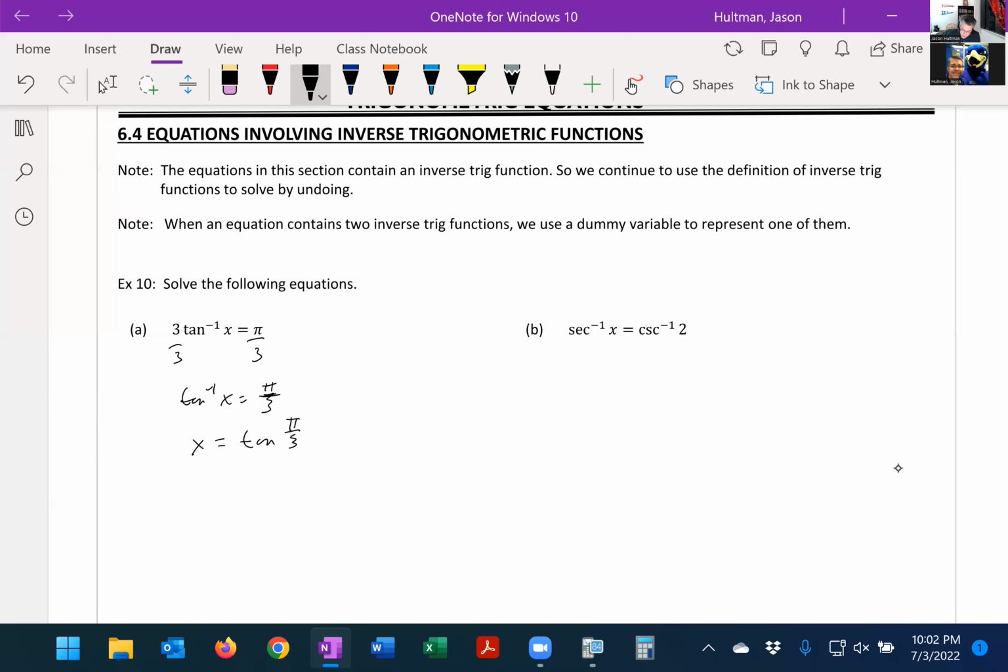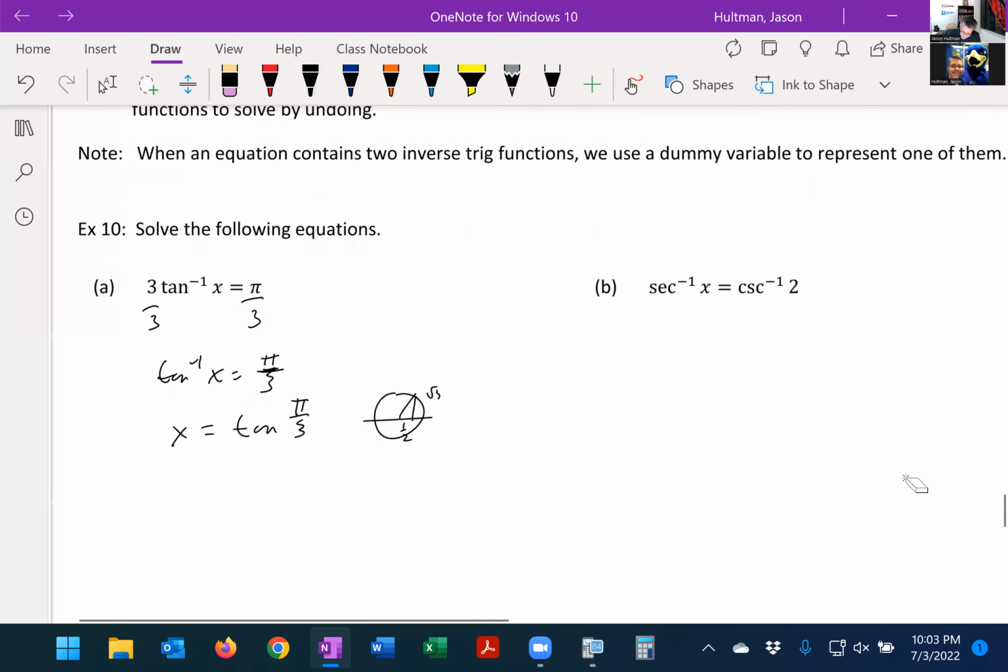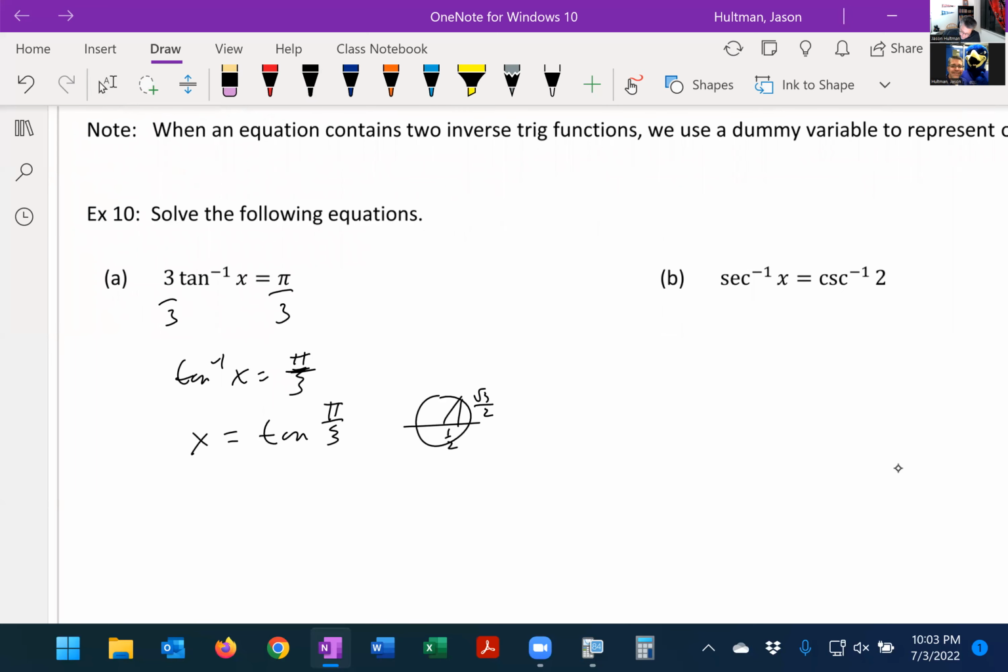Well, pi over 3 on the unit circle: the y value is radical 3 over 2, and the x value is 1/2.